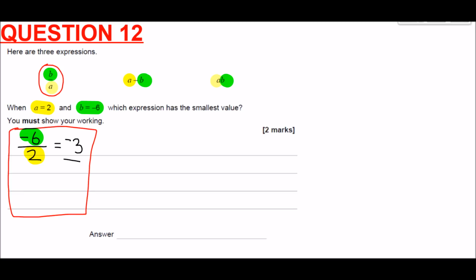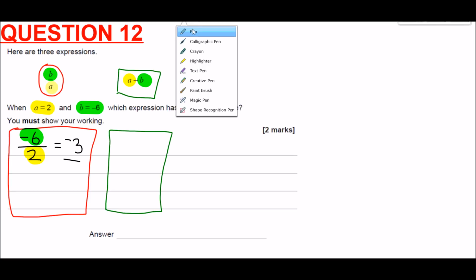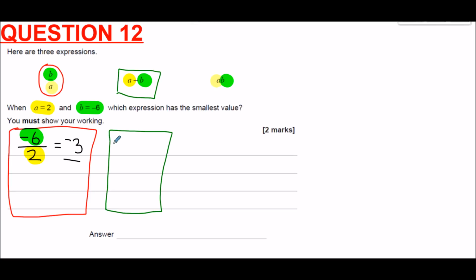So the next one we're going to have a look at is A take away B. A take away B just means whatever A is, which is 2, take away B. B in this case is minus 6. And so if we're going to do A take away B, that means 2 minus minus 6.